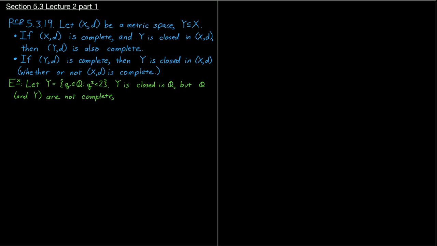So Y is not closed in R. It has sequences that converge to plus or minus the square root of 2, for example.